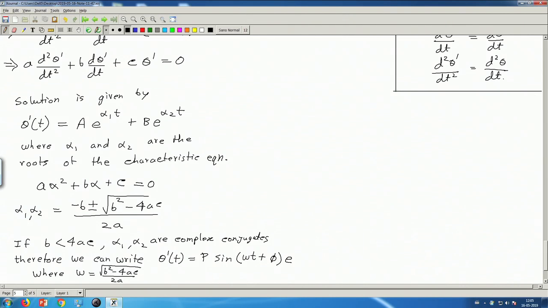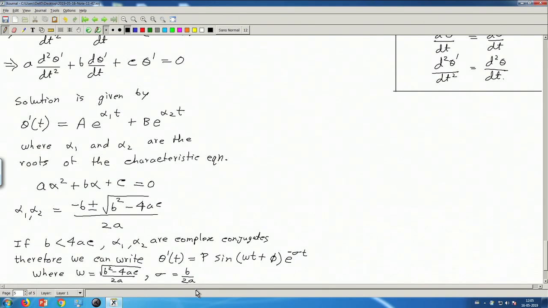So this will get multiplied by e to the power minus sigma t. And this sigma will be this term, the real part, b by 2a.